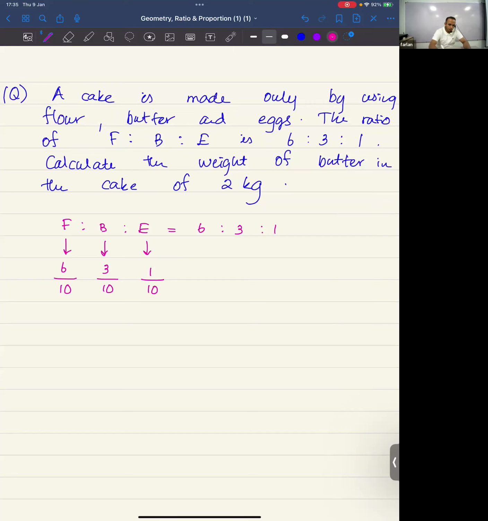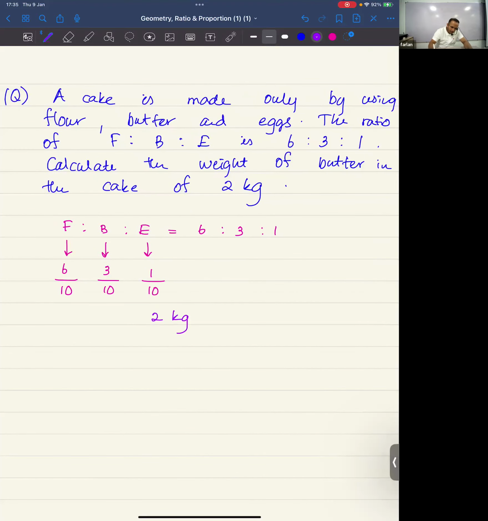From the total. So if your total cake has a mass of 2 kilograms, then the weight of butter in it will be 2 kilograms into 3/10. So 2 into 3/10 will be 0.6 kilograms. If you are giving it in grams, it will be 600 grams. Is that okay? Understood?